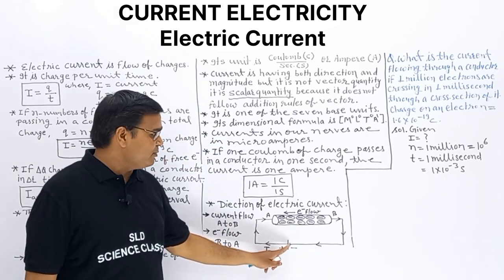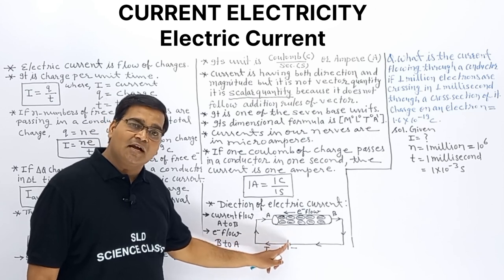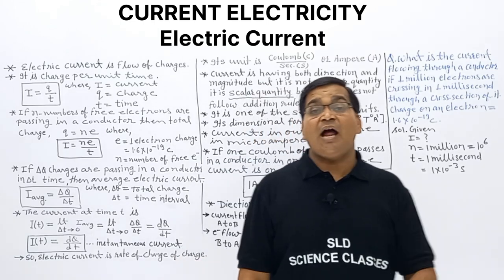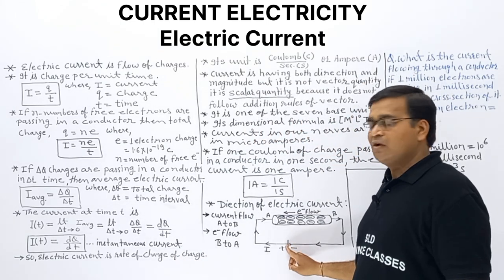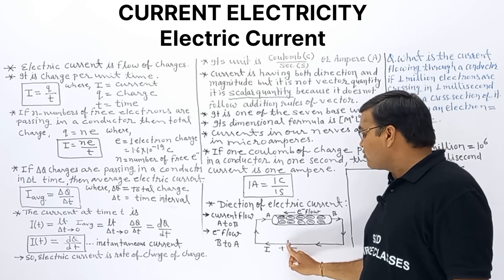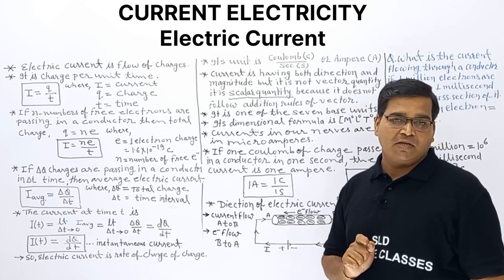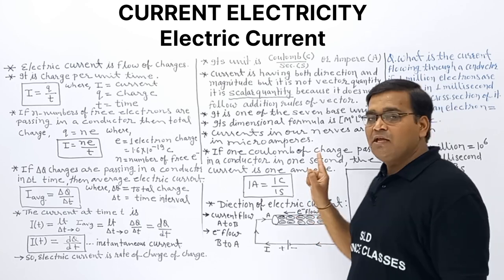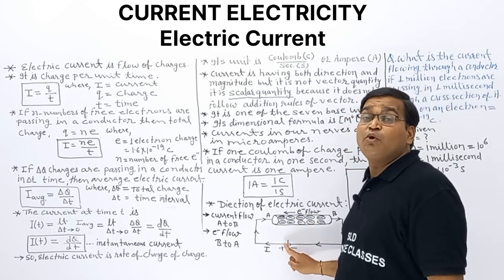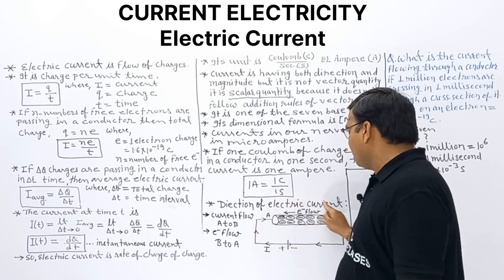In a circuit, we have one cell. This is the positive terminal and this is the negative terminal. Flow of charges, or electric current, starts from the positive terminal of the battery to the negative terminal.